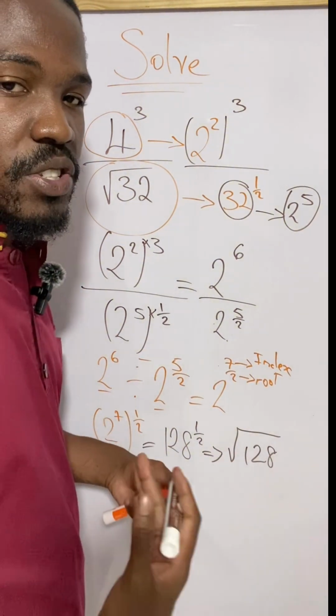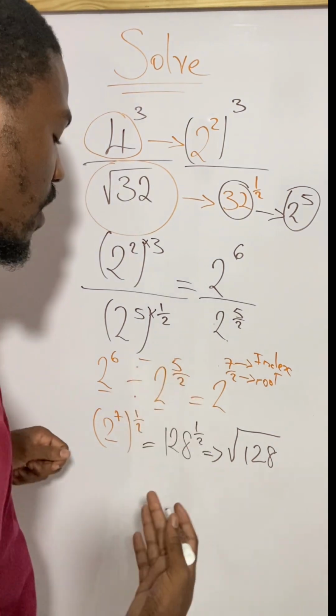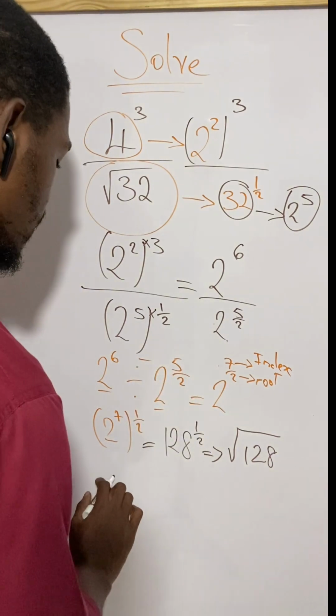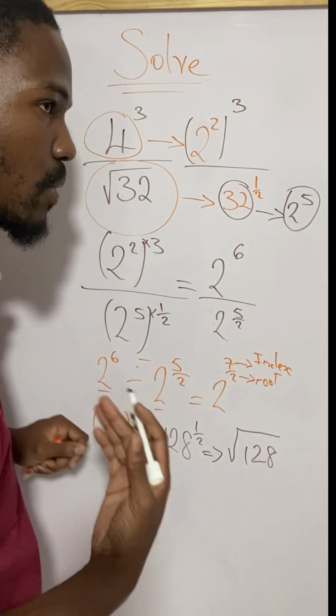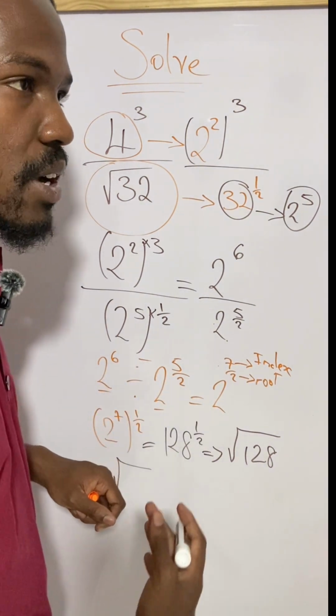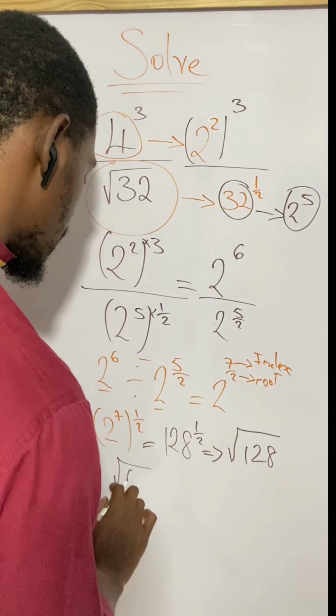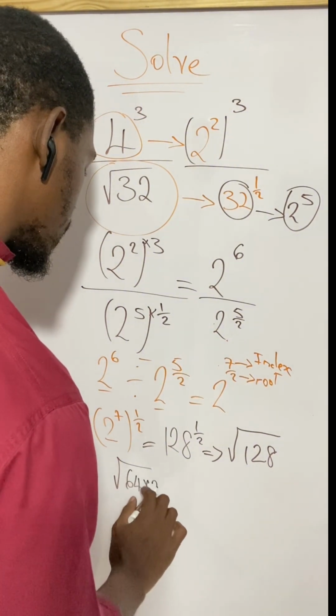Now, the root of 128 can be further broken down. We can choose 2 factors of 128, and those are 64 and 2. So we have the root of 64 times 2.